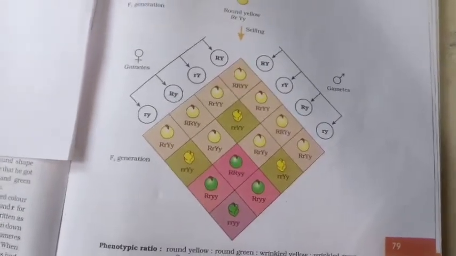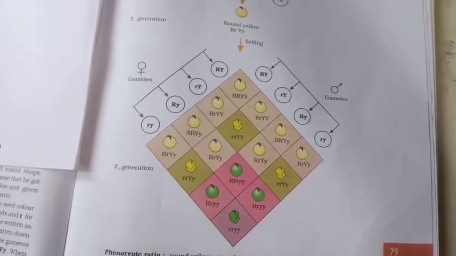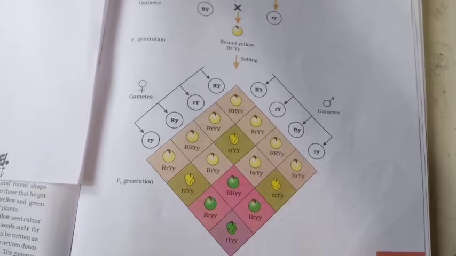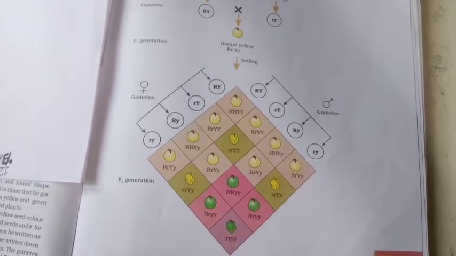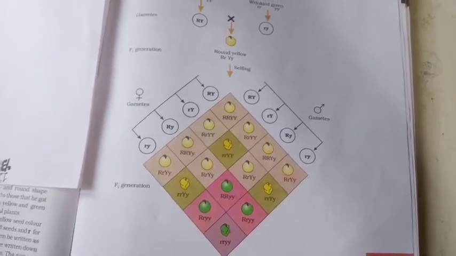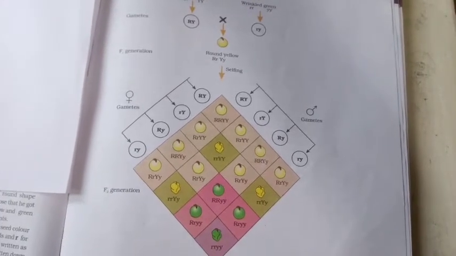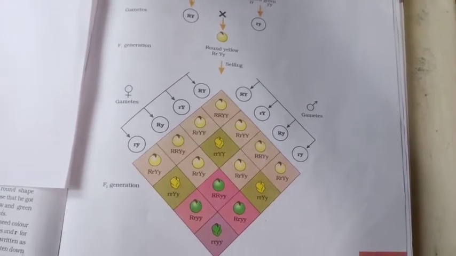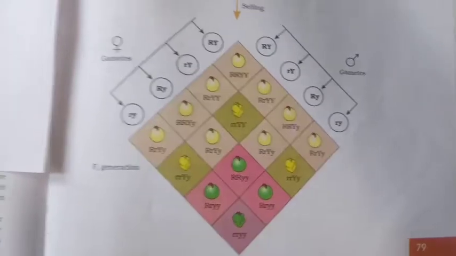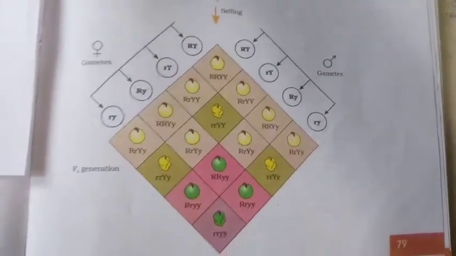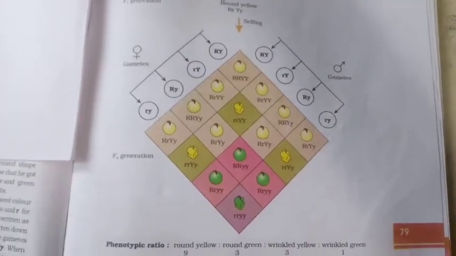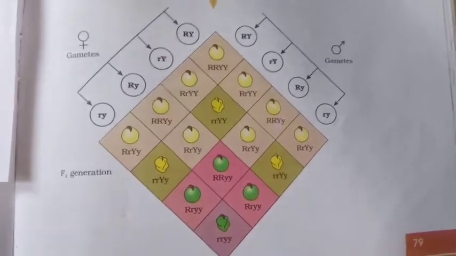In the dihybrid cross, Mendel made the cross between two parents which differed in two pairs of contrasting traits. Here you can see the two pairs of contrasting traits were seed color and seed shape.